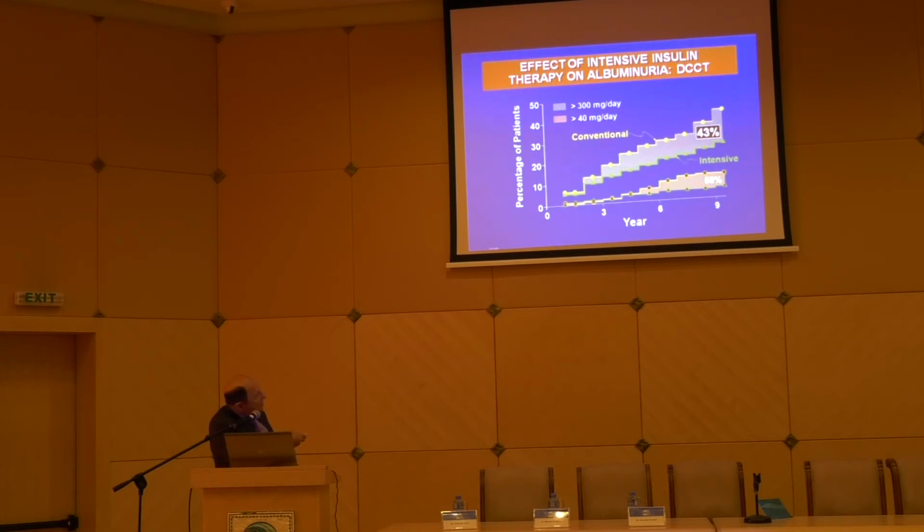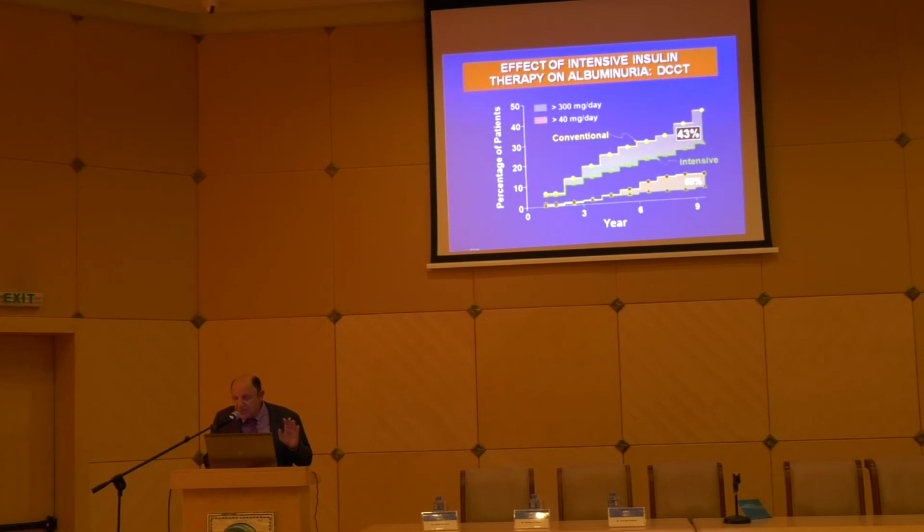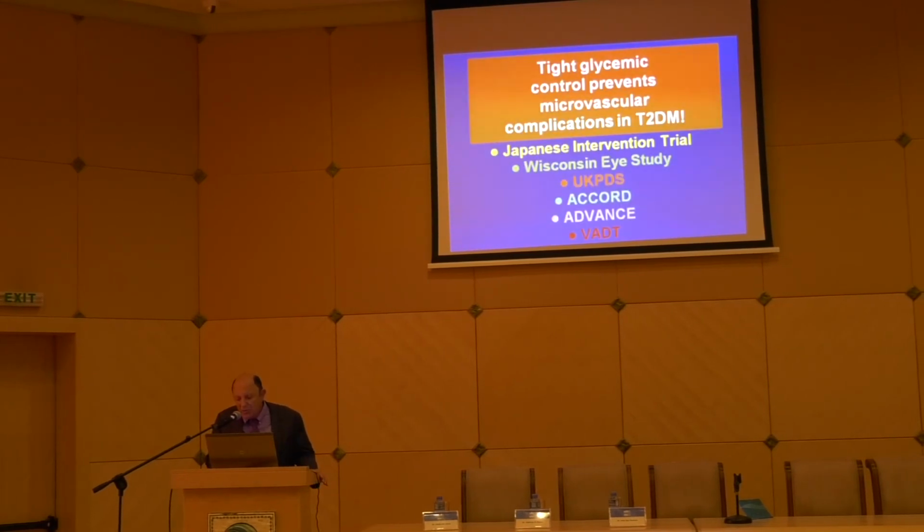Compared to the placebo group here in the bottom, there was a 58% reduction in the development of microalbuminuria in people who had no microalbuminuria. Now what if you had already had microalbuminuria? What happened in terms of progression to macroalbuminuria? Here you can see there was a 43% reduction. So intensive glycemic control, if you start early enough at the microalbuminuric stage, will work.